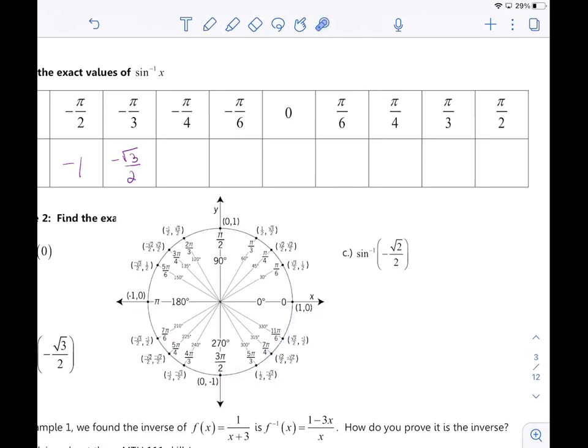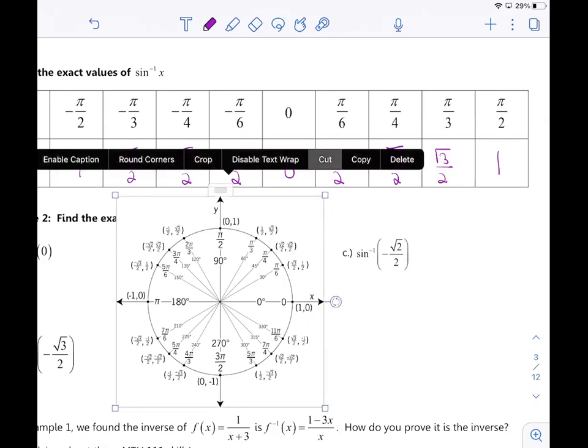Negative pi over 4 is -√2 over 2. Keep going. Negative pi over 6 is here. My sine value is -1/2. 0 produces 0. Pi over 6 is 1/2. Pi over 4 is √2 over 2. Pi over 3 is √3 over 2. And pi over 2 is 1.